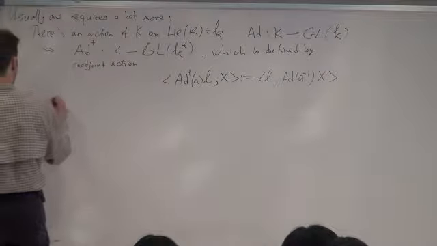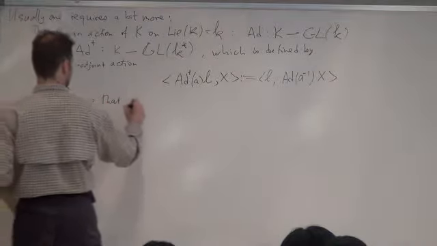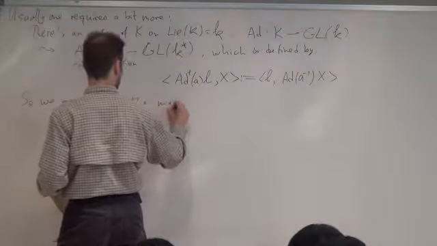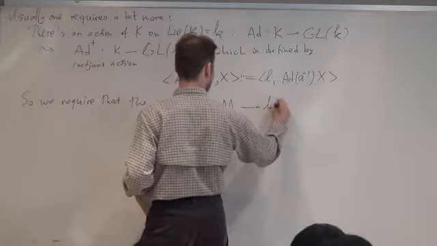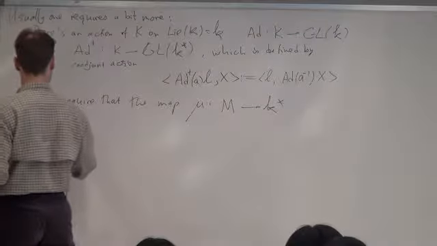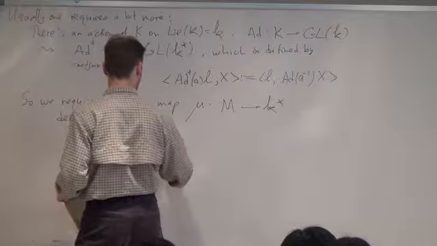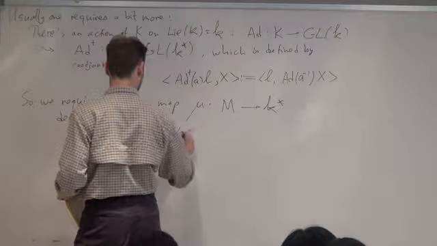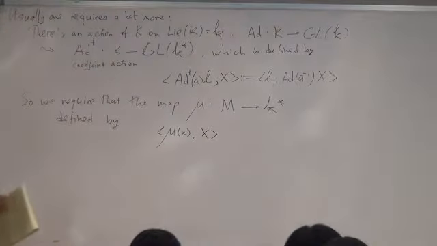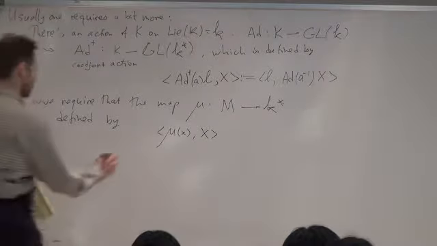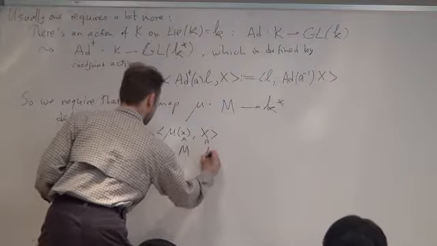So we require that the map mu, here is the moment map in its full glory, defined by... well, it takes values in the dual of the Lie algebra. So if I pair it with a vector, I should get a function. So this guy is in M, this guy is in the Lie algebra.